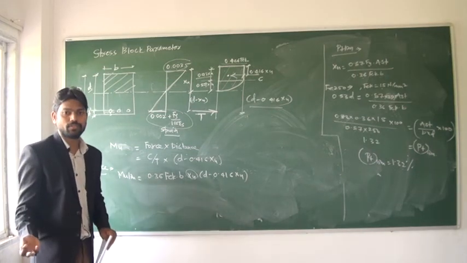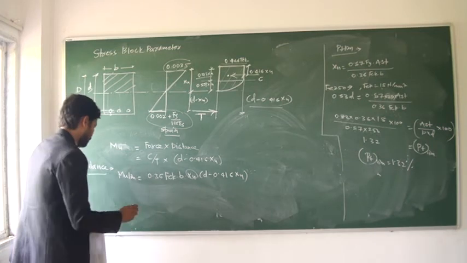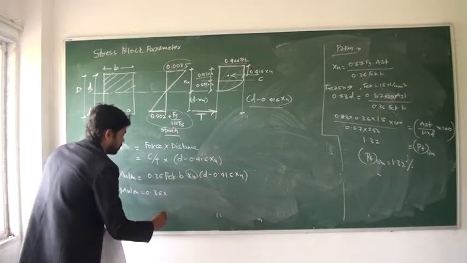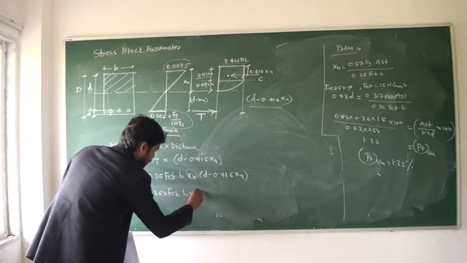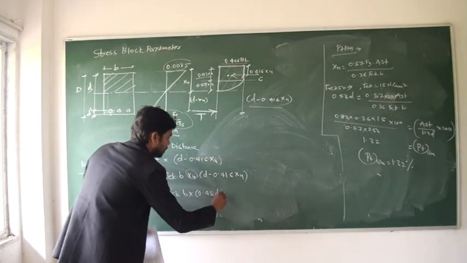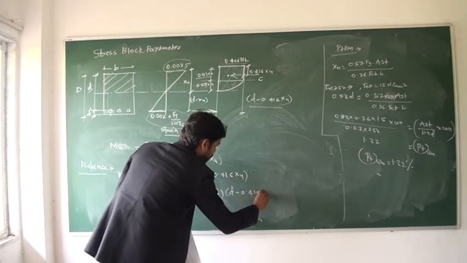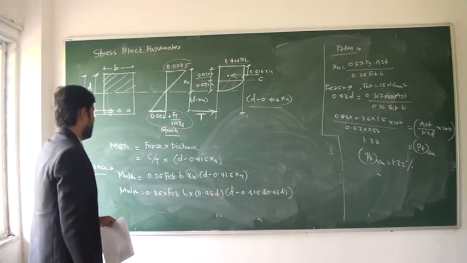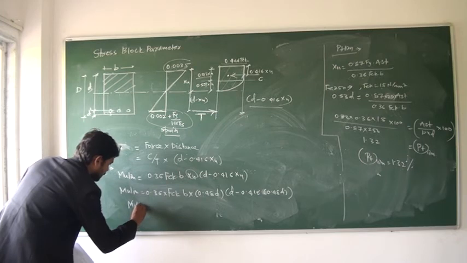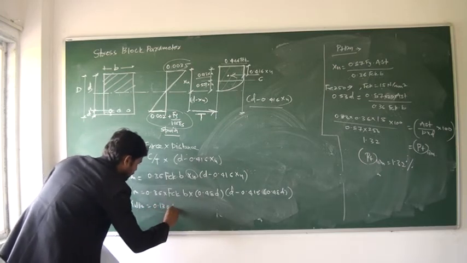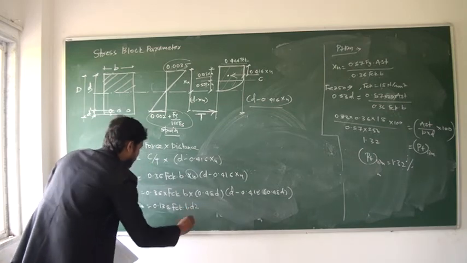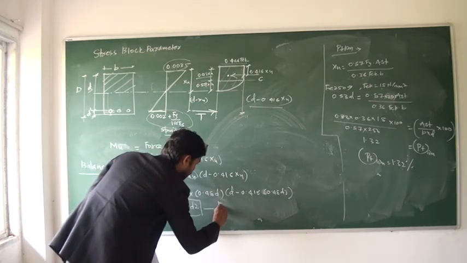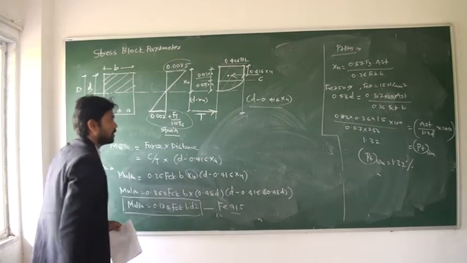Now if you are using 415 grade steel, XU will be equal to 0.48 D. So Mu limit is 0.36 FCK B into 0.48 D into bracket d minus 0.416 into 0.48 D. Now if you solve this, you will get Mu limit as 0.138 FCK BD square. This is for grade Fe415.